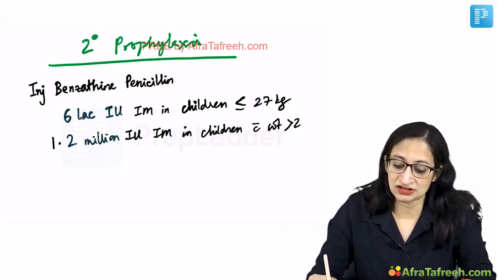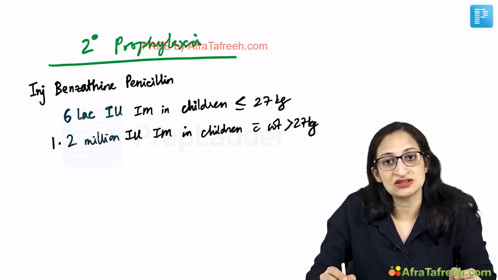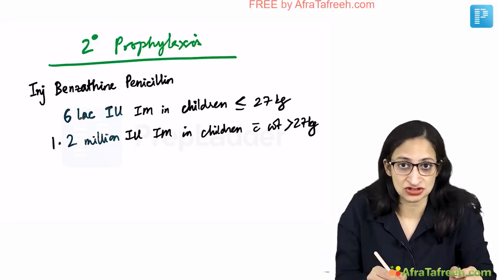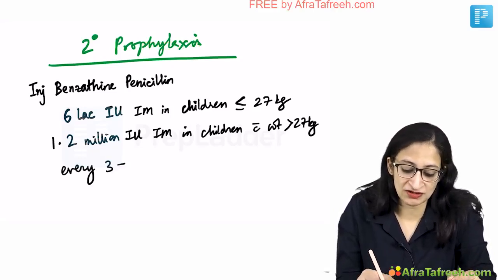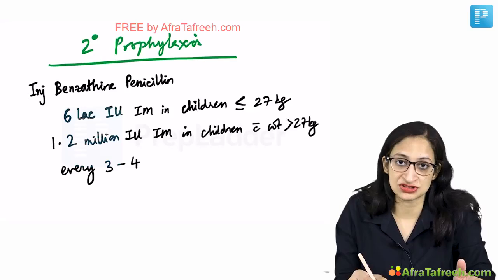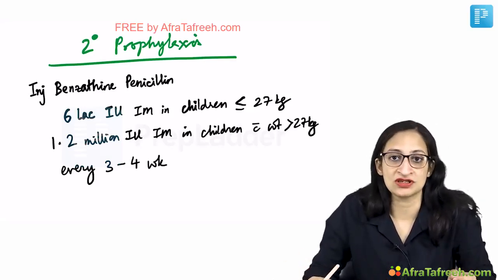That is the dose of injection benzathine penicillin which should be given intramuscularly every 3 to 4 weeks in order to prevent recurrences and further worsening of the disease.